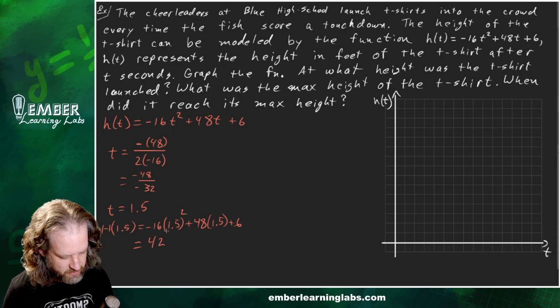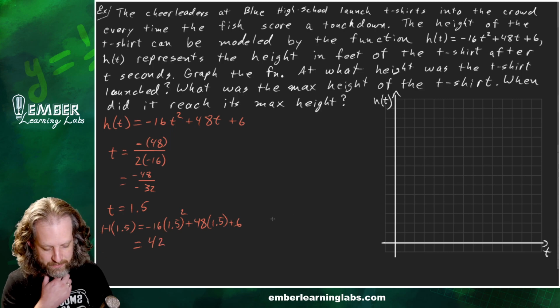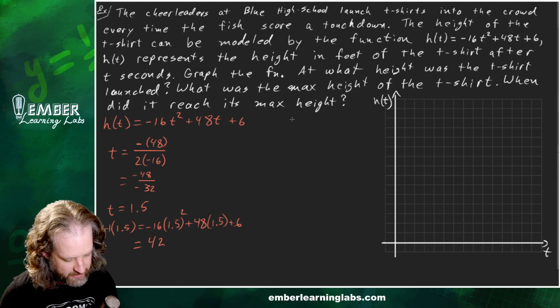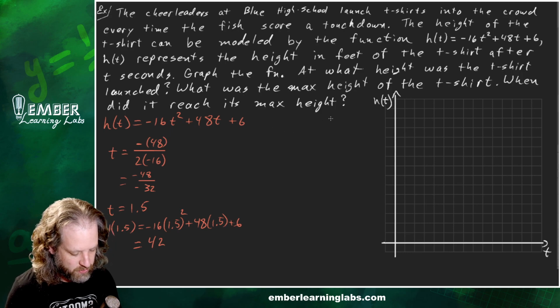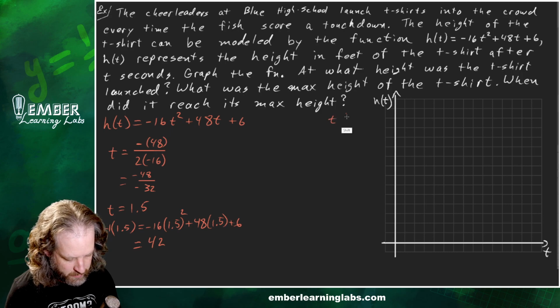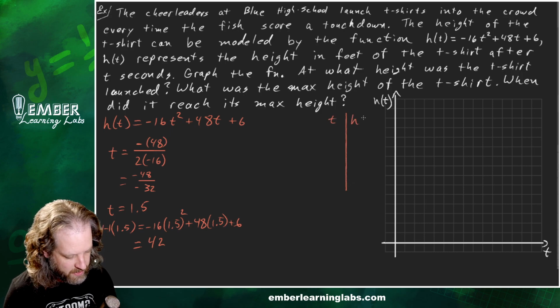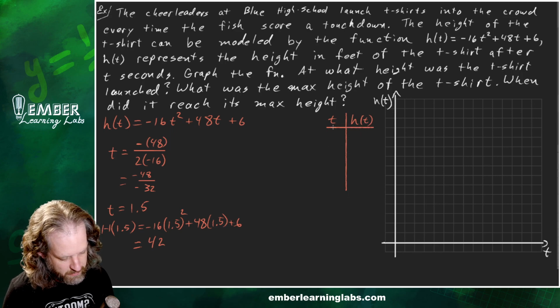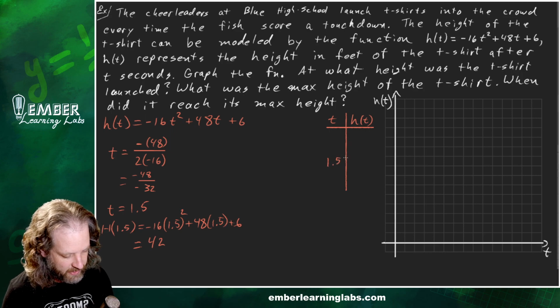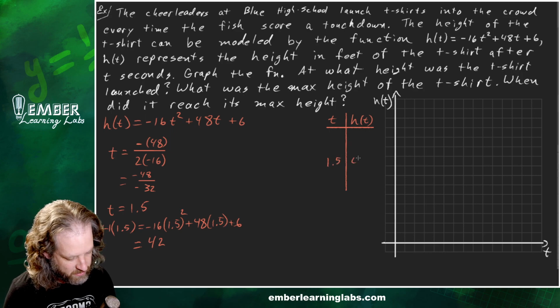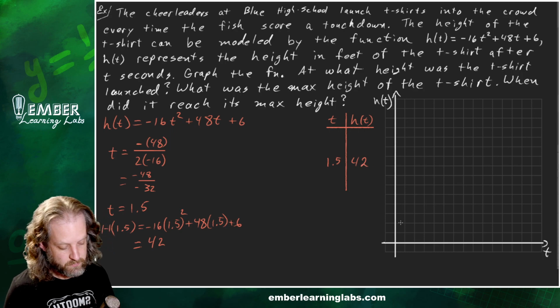Nice whole numbers. Well, not whole numbers, but fairly clean numbers. So if we're going to make a little table, we're going to have time here and height here. And our vertex is going to be at 1.5 seconds and 42 feet, right?